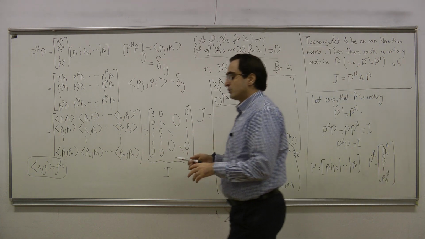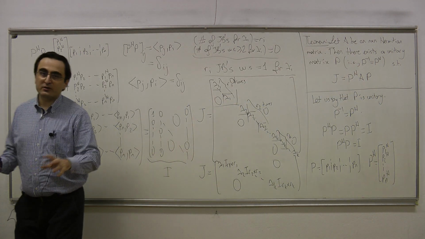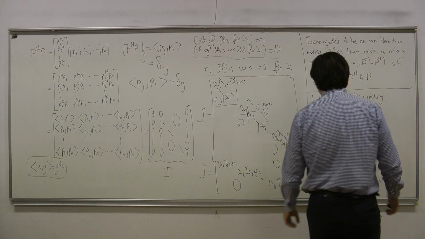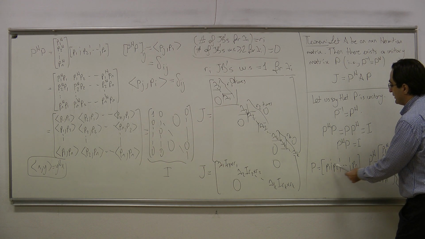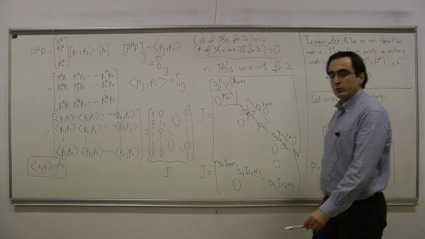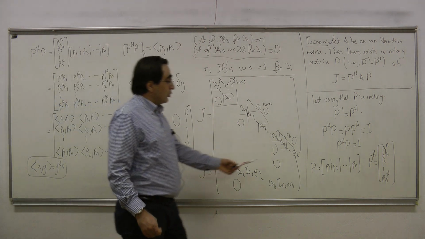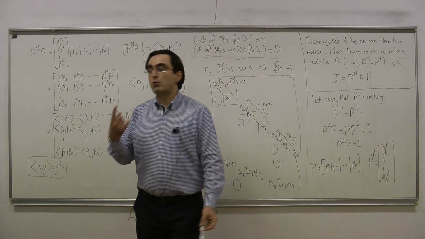So the inner product of distinct columns would be equal to 0. So each column of the matrix P would be orthogonal to the other ones. All right? And the norm of each column would be 1.